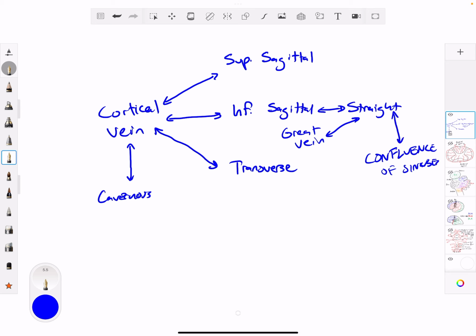So the straight will drain there, superior sagittal, the transverse, of course. How could we forget the good old occipital sinus as well? That'll drain in there.